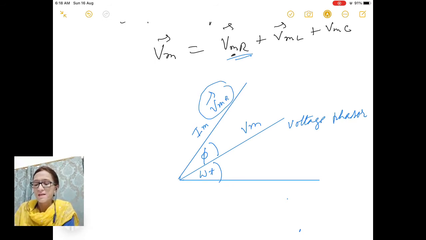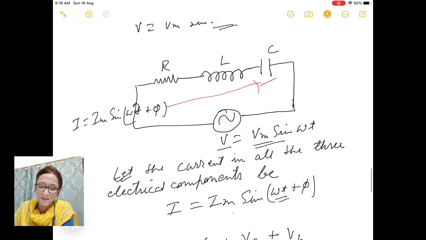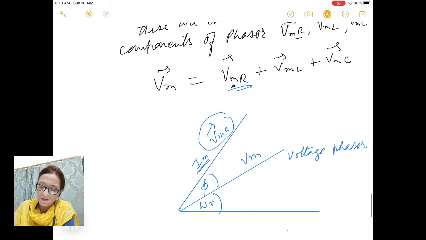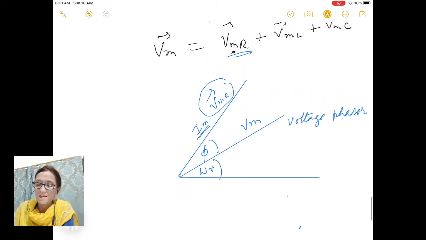And we know that in a purely inductive circuit, current lags behind the voltage phasor by pi by 2. And here the same current is flowing through all the electrical components. You can see same current. So phase of current through inductor is omega t plus phi. And we know that in inductive circuit, current lags behind by pi by 2.